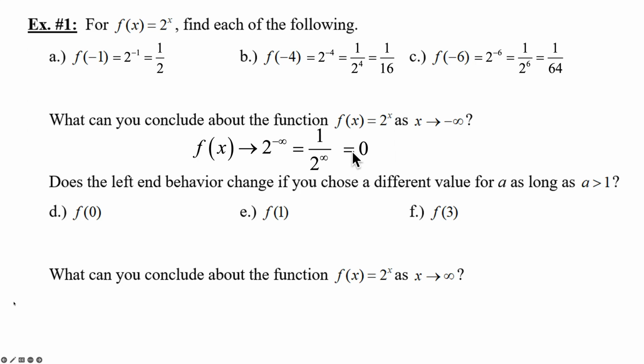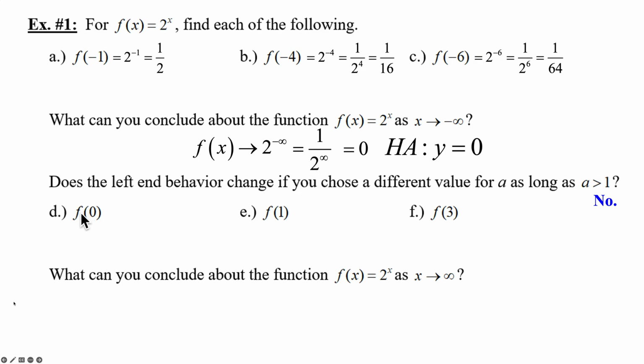I should say approaching 0, maybe not equal to 0. So y equals 0. That's my horizontal asymptote. Does this left-hand behavior change if you choose a bigger a? Anything that's greater than 1 is going to cause these values on the bottom to keep getting bigger and bigger.